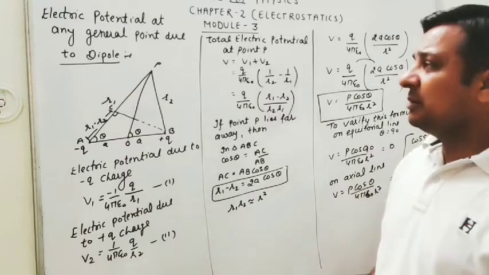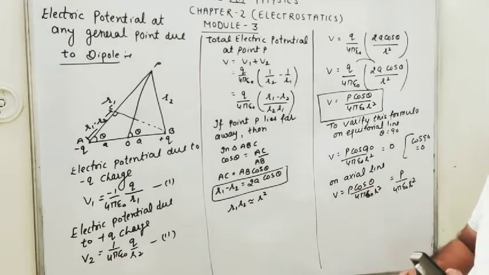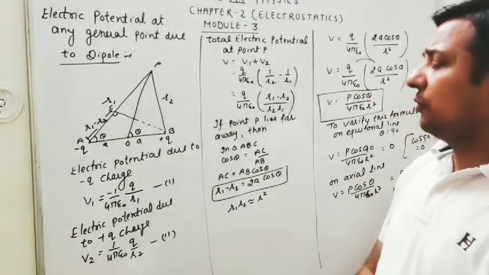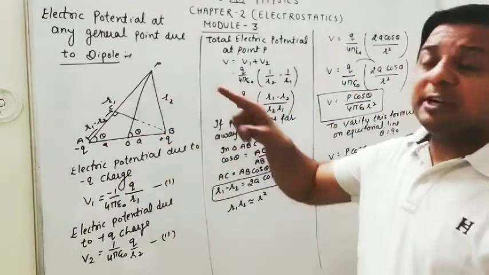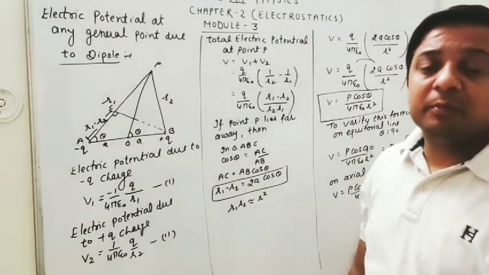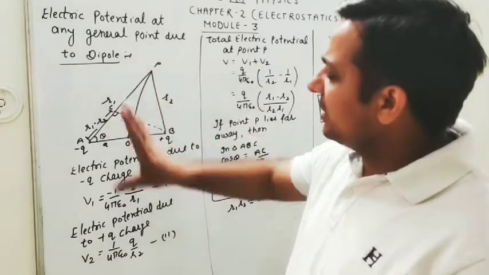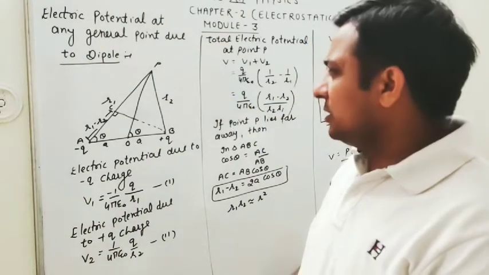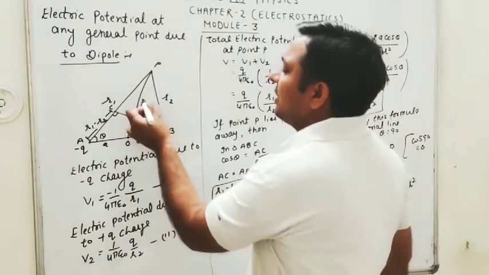So this is a very important topic, and dear students, again I recapitulate it. Electric potential at any general point due to a dipole. First of all, let us consider a dipole, and at point P, any general point, we will find out the electric potential. This point is at distance r1, this point has distance r2, and P is at a distance r.